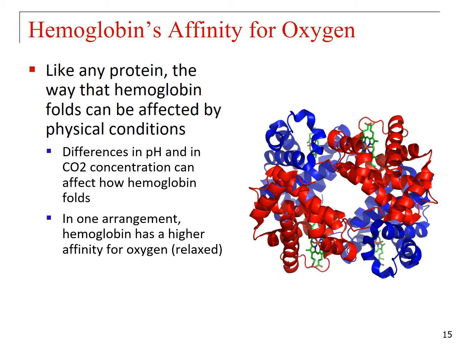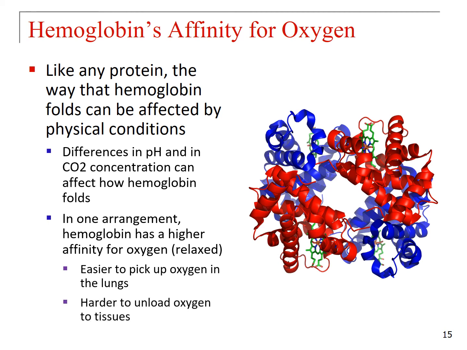In one of them, hemoglobin in the relaxed form, which you see to the right, has a higher affinity for oxygen. It means that it sticks to oxygen a lot better. You could think of this hemoglobin as superglue for oxygen. So in this relaxed form, it will pick up oxygen very easily. So it's easy to pick up oxygen in the lungs.